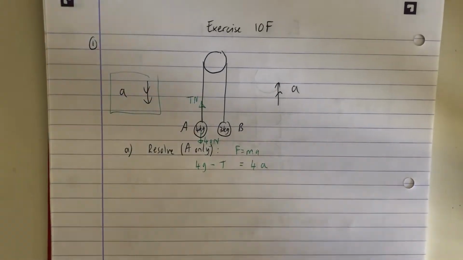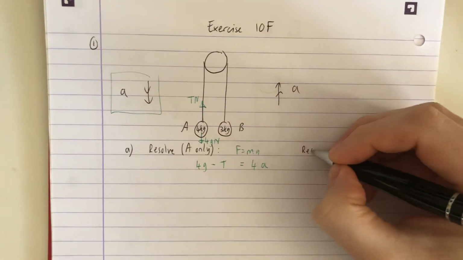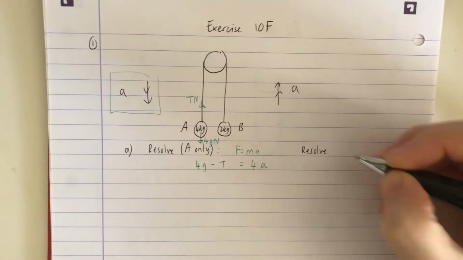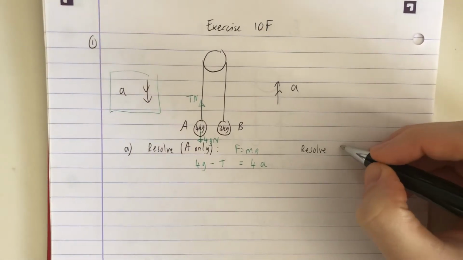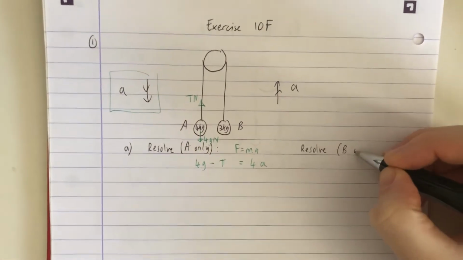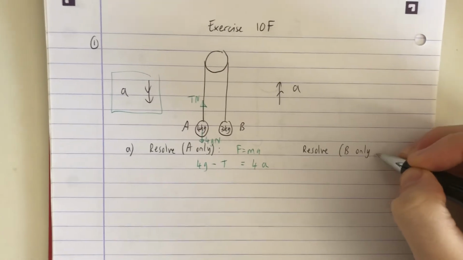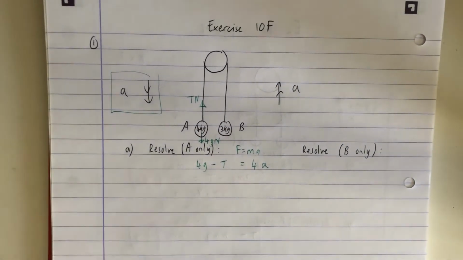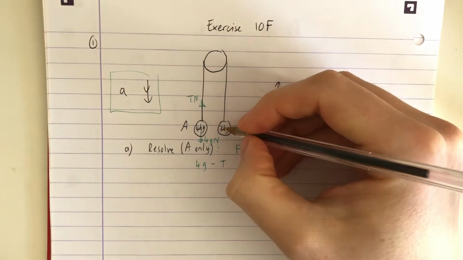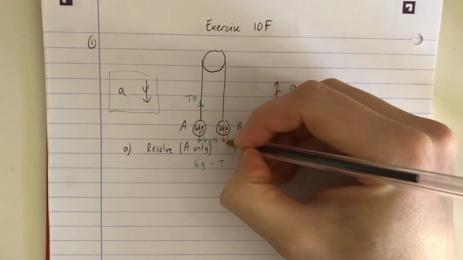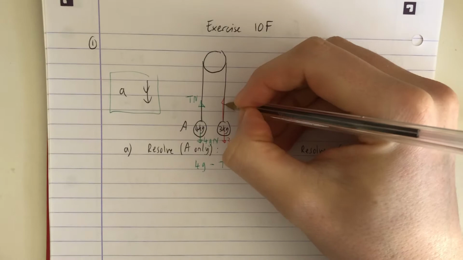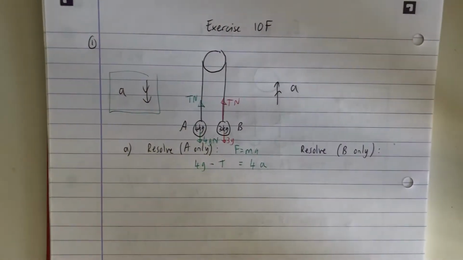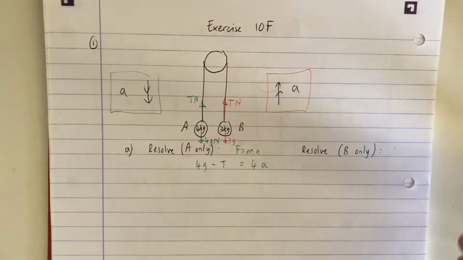And let's try something similar with the other particle. The forces acting on this object: it has a weight, 3g. It has a tension, T. It's accelerating, so F equals ma.